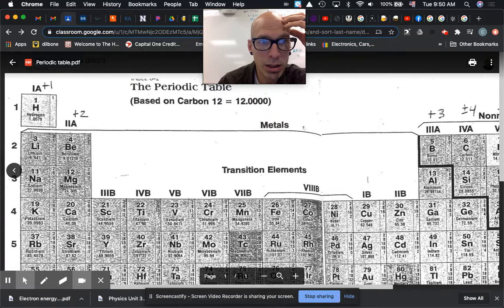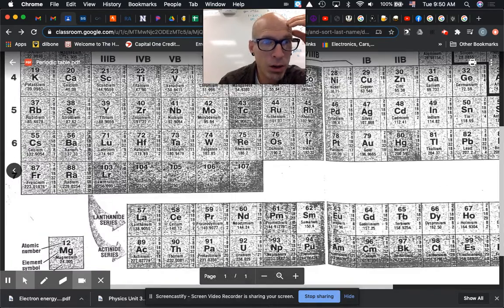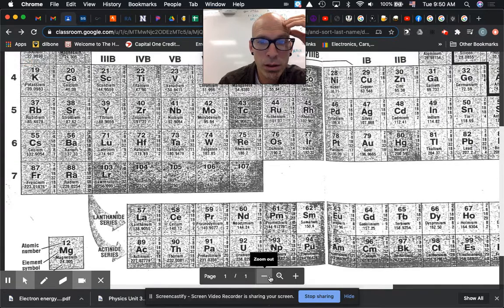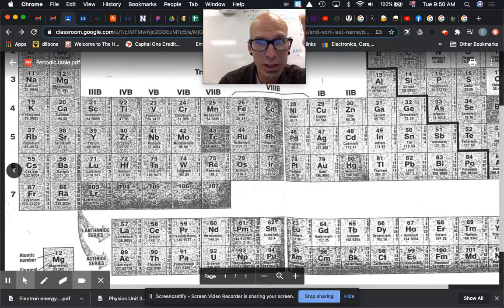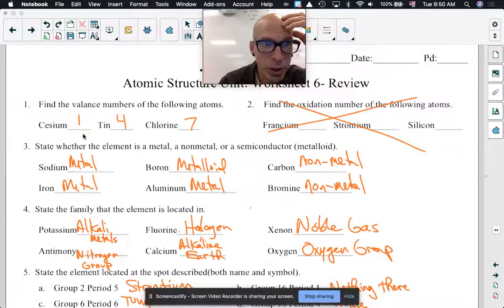It's in the alkali metals, which is another question that's going to come later, and they're all 1s. 1, 1, 1, 1. So they're all 1s in that column. So if we go back, that's a 1.